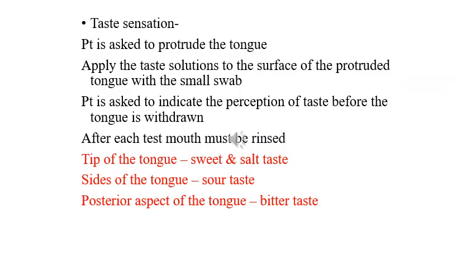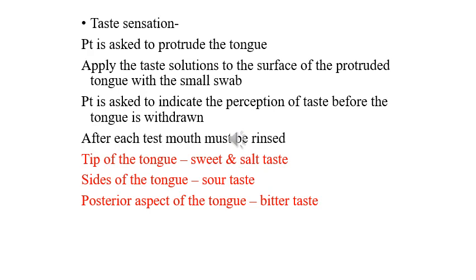Another major feature to be checked in clinical examination is determining the sensation of taste, because it is altered in facial paralysis. The patient is asked to protrude the tongue and apply the taste solutions to the surface of the protruded tongue with a small swab. So all these tastes we have to carry along with us.